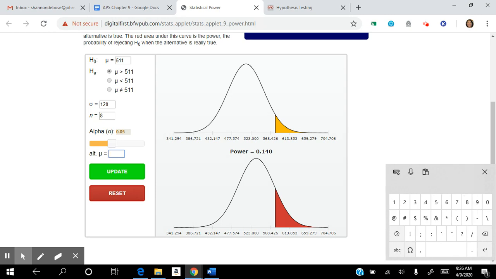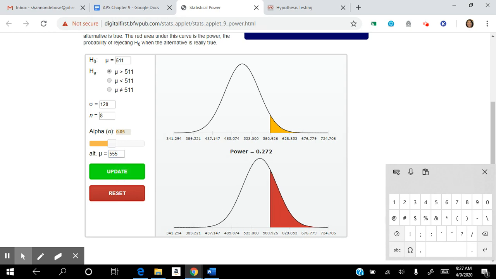Well, what happens if we make it 555? What happens to our power? Oh, it increased. Now, what I want you to do is look at the alternative mu at 555 and look at what the national average was. It was 511. So 555 is kind of far away from 511.